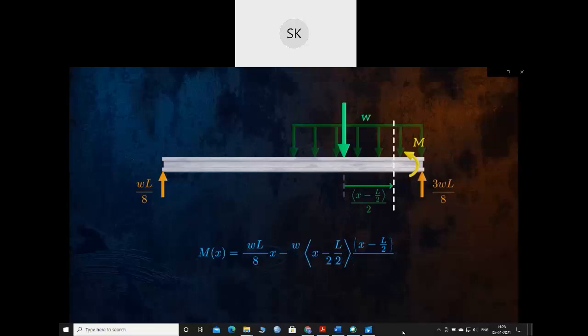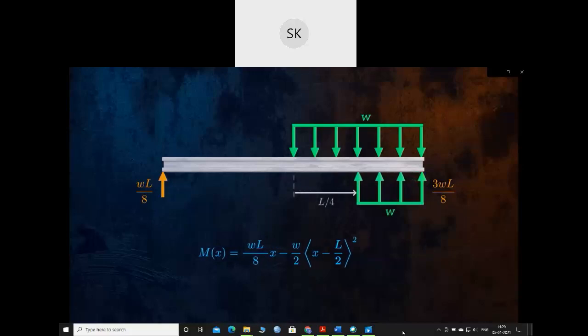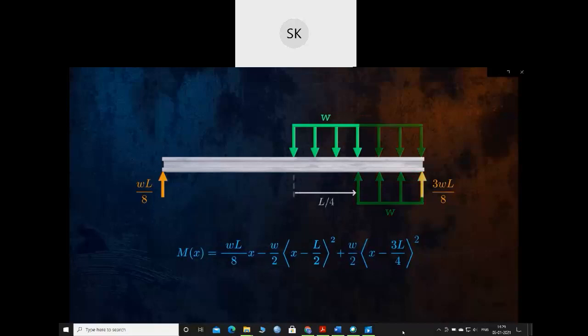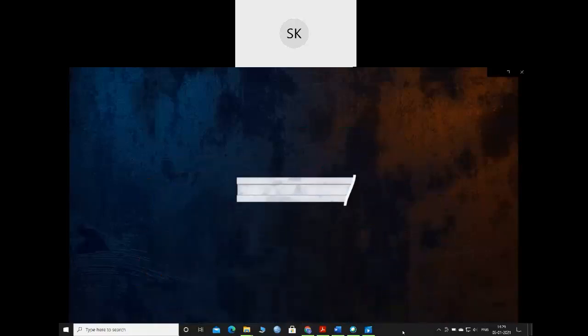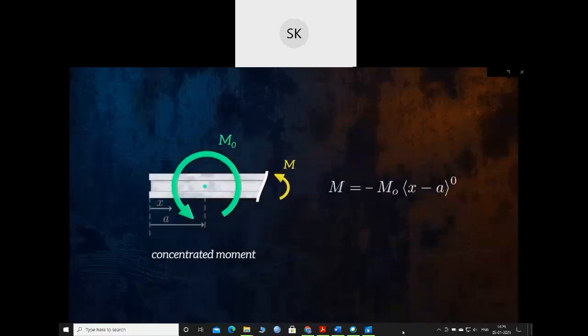And so we get this expression, where the Macaulay bracket is squared and the distributed load is divided by 2. This expression is only valid if the distributed load extends all the way to the end of the beam. If it doesn't, we have to adjust the expression to balance the part of the load that's missing. Here's how you can apply Macaulay brackets for a few other load types.